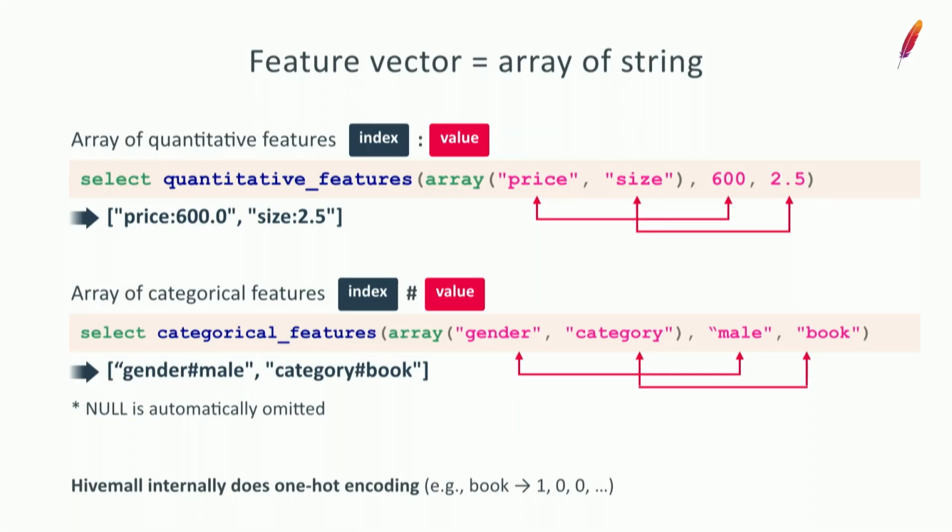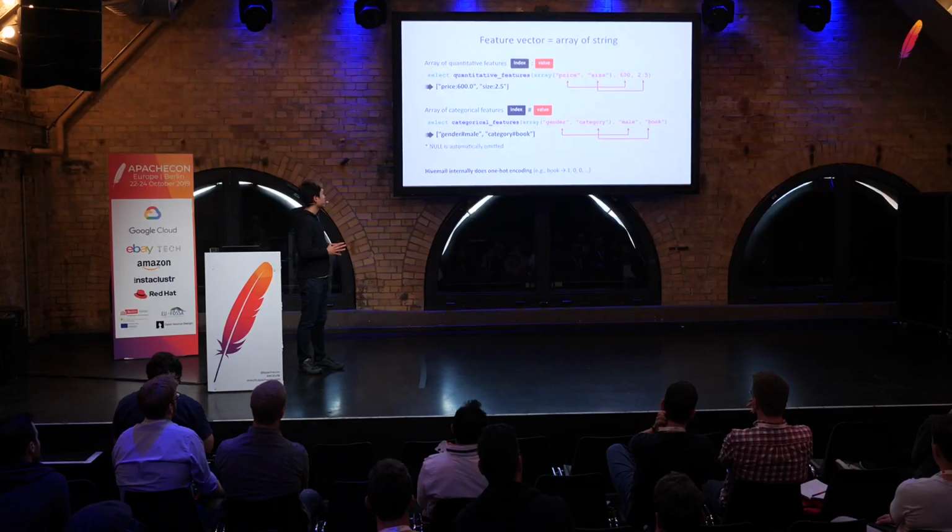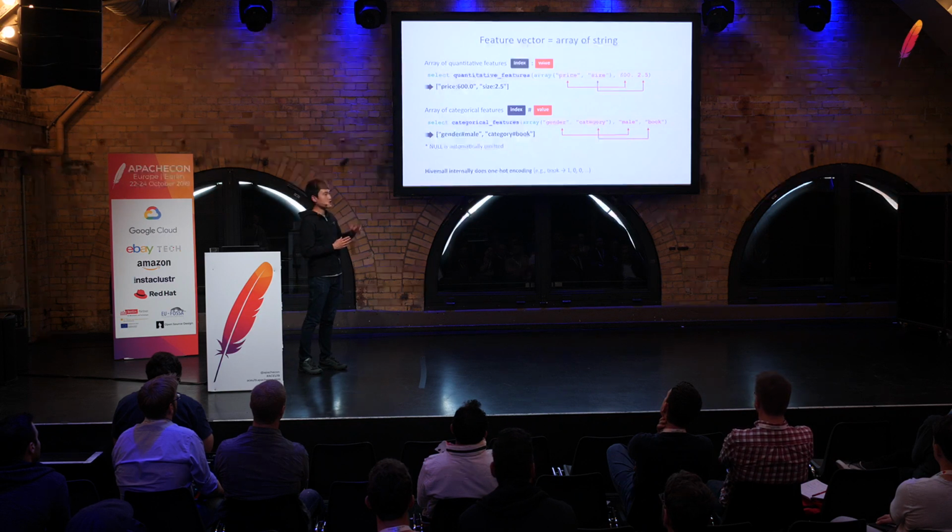I'm going to explain a little bit about what it does. The pre-processing, also known as feature engineering, can be done in the context of Hivemall like that. A feature vector is represented as an array of strings, and every single string corresponds to a single feature in the context of machine learning. In machine learning, there are two different types of features.